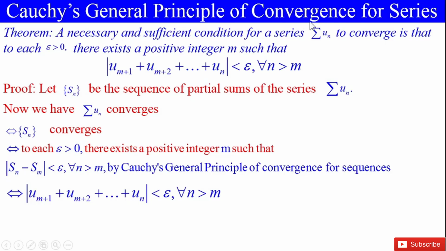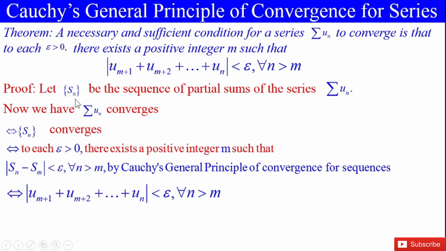Cauchy's general principle of convergence for series. Theorem: a necessary and sufficient condition for a series sigma un to converge is that to each epsilon positive there exists a positive integer m such that modulus um plus 1 plus um plus 2 plus up to un is less than epsilon for all n greater than m.